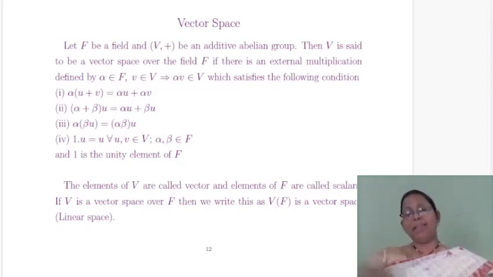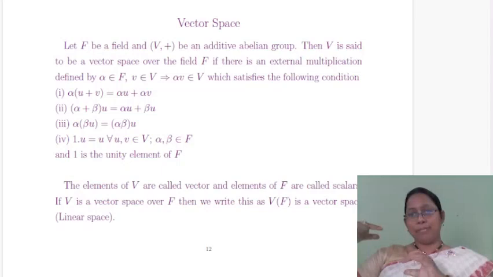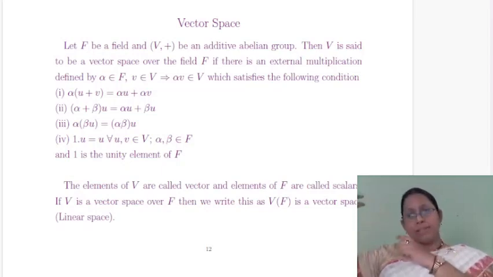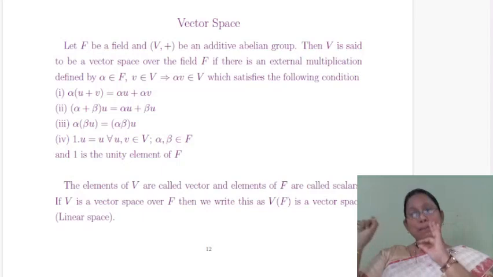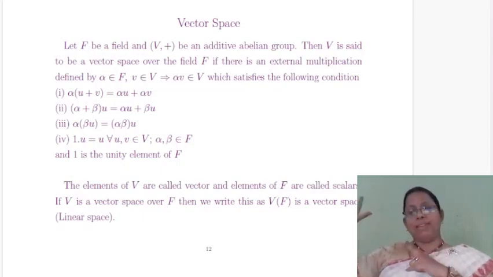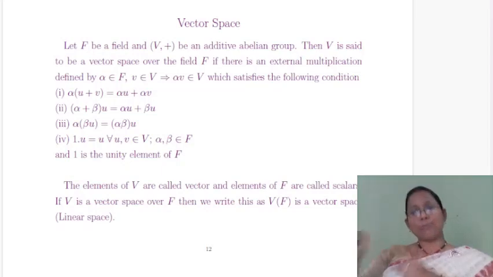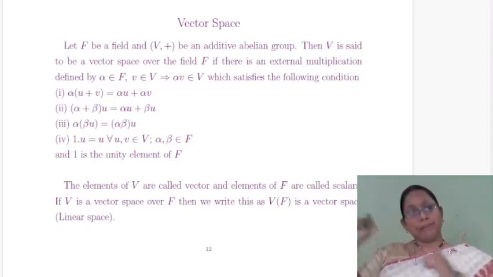For any element a in V, we must have some element b in V such that a plus b is equal to the 0 of V, and a plus b is equal to 0, again equal to b plus a. In that case, we say b equal to minus a is the additive inverse of a in V.